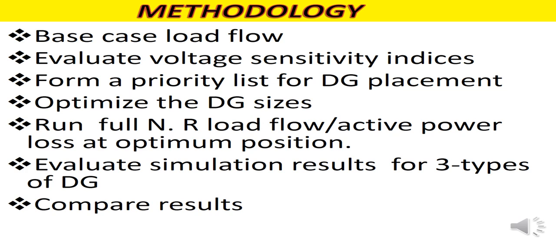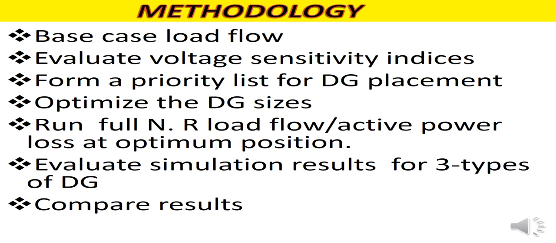In order to obtain these objectives, these steps of methodology are carried out. First, run the Newton-Raphson load flow analysis to evaluate the nature of the network based on power losses and the voltage profile. Step 2, evaluate the sensitivity index of each bus to know the bus that is capable of hosting DG.